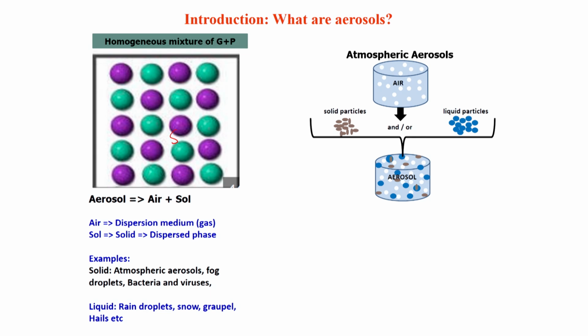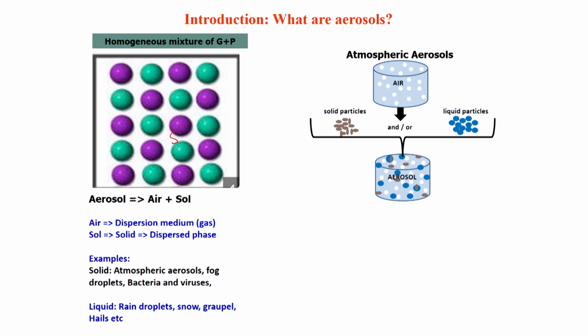When we say atmospheric aerosols, it is very broad. Take fog droplets: in the Indo-Gangetic plain specifically you will see lots of fog droplets. If you drive your car or bike, lots of fog droplets will be deposited, especially at night, because when the surroundings become cooler, the vapor tries to condense.